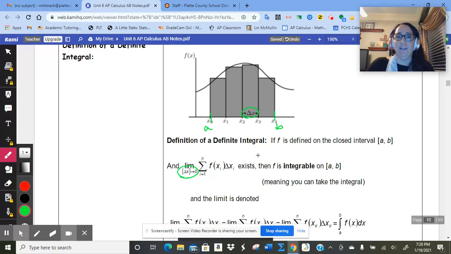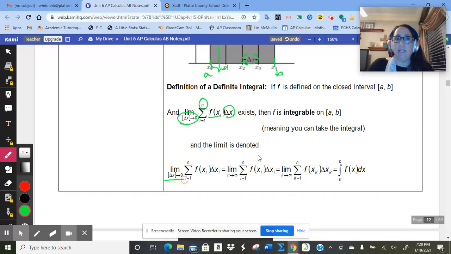So how do I do that? I take the height, which is f of that x value, times the width, delta x, and I keep doing that until I reach the amount I need to. We're going to want to keep going infinitely in order to get the exact area.